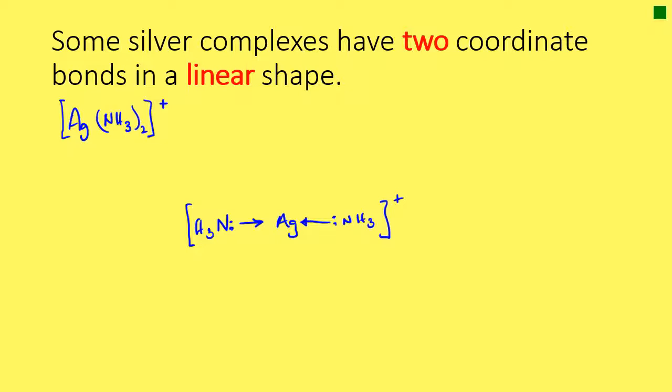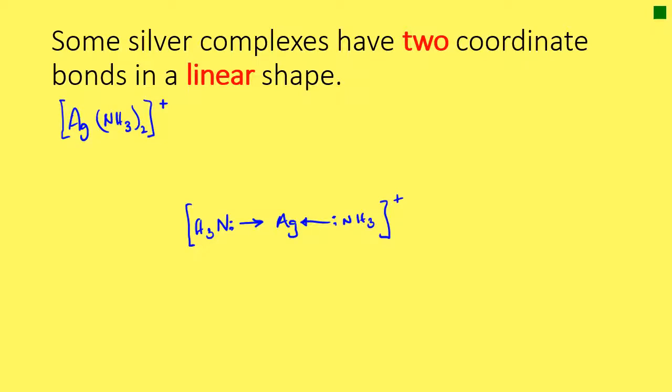So let's draw that out. So you've got your coordination bond on your nitrogen and your 3 hydrogens attached to the rest, making up the rest of the ammonia molecule. So that lone pair makes your coordination bond. That's bonded into a silver ion in the middle, and you've got another lone pair coming off the nitrogen of the other ammonia molecule.